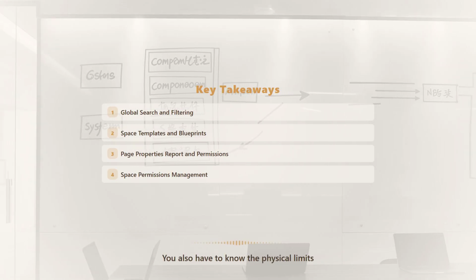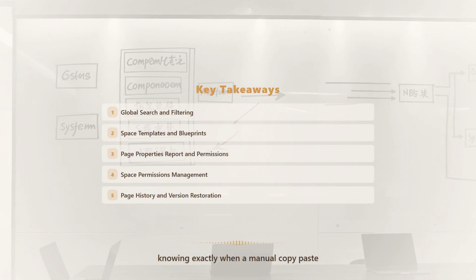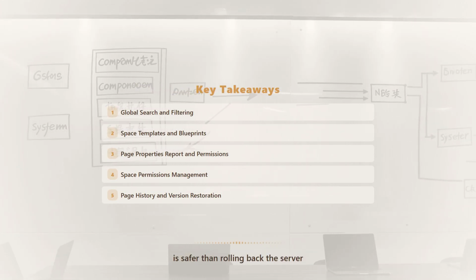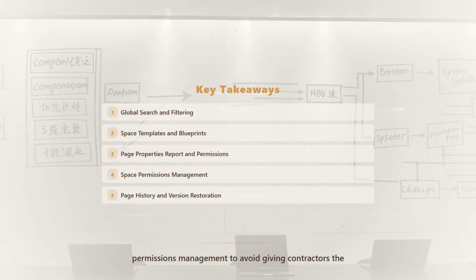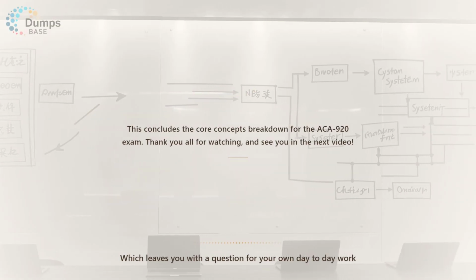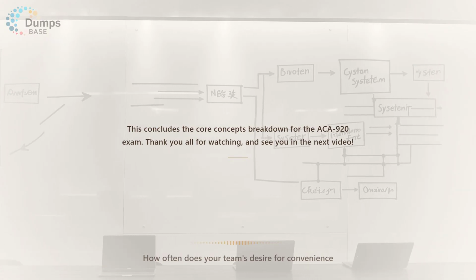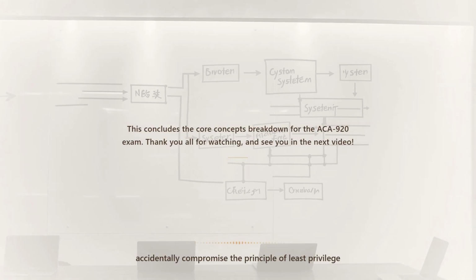You also have to know the physical limits of page history and version restoration, knowing exactly when a manual copy-paste is safer than rolling back the server. Finally, you need precise control over space permissions management to avoid giving contractors the keys to the kingdom, which leaves you with a question for your own day-to-day work. How often does your team's desire for convenience accidentally compromise the principle of least privilege?